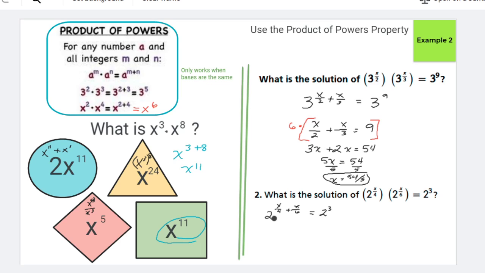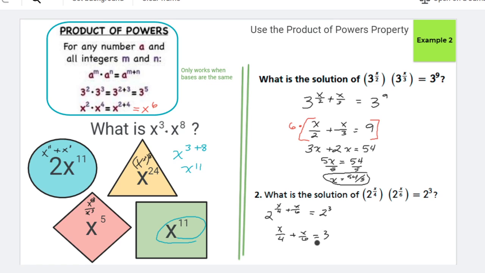And then because these bases are the same, I could take the exponents and I could set them equal to each other. Now, when you get to Algebra 2, you're going to learn that we did what's called taking the logarithm. But we aren't going to tell you that now, okay?